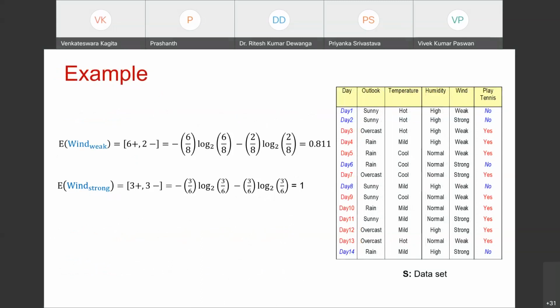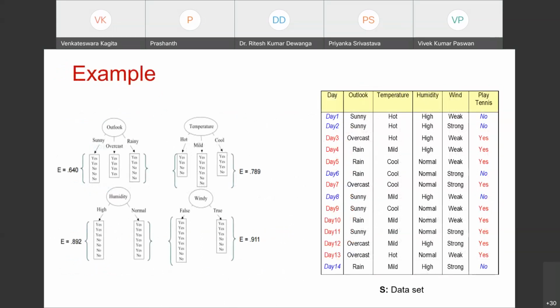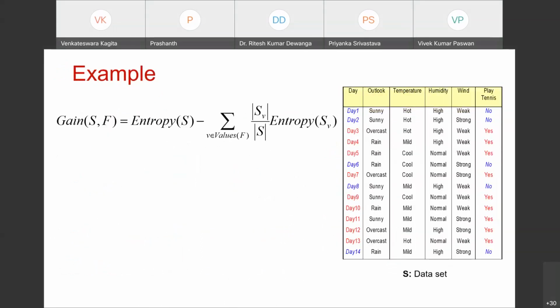The only thing that I have to do is compute the gain, which is the reduction in the impurity, for each and every attribute. So let me compute gain for individual features. What is gain? It is the reduction in the entropy. This is the impurity of the data set, and this is the impurity after the feature selection.